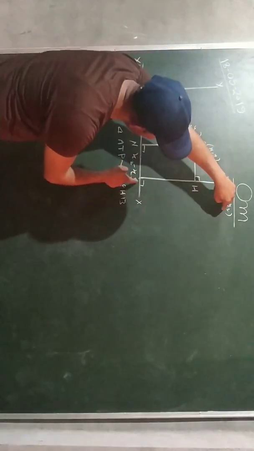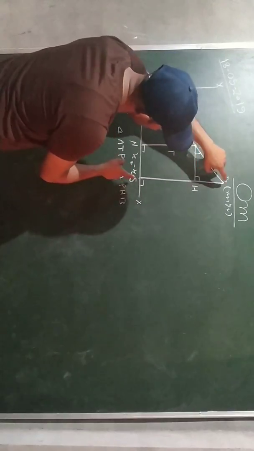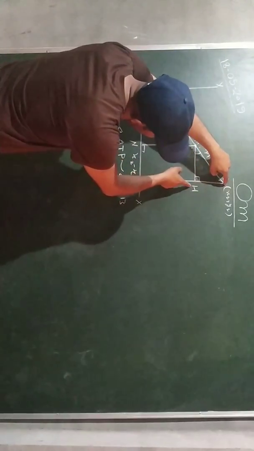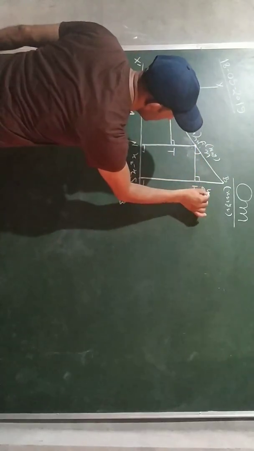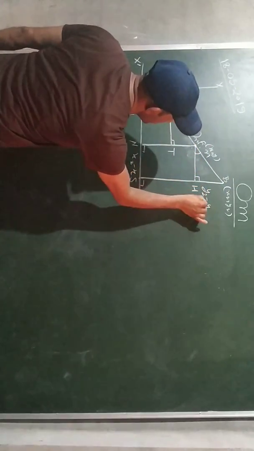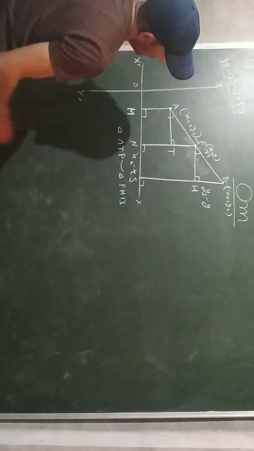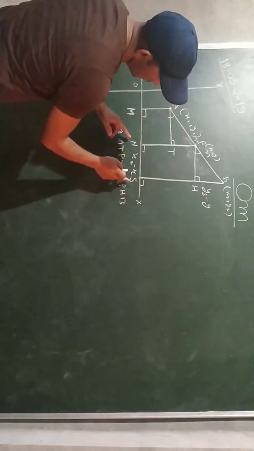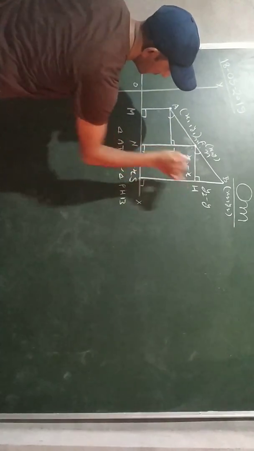BS is y2 and BH is y. Then BH will be equal to BS minus HS, that is y2 minus y. Similarly, PH will be equal to NS, that is x2 minus x.